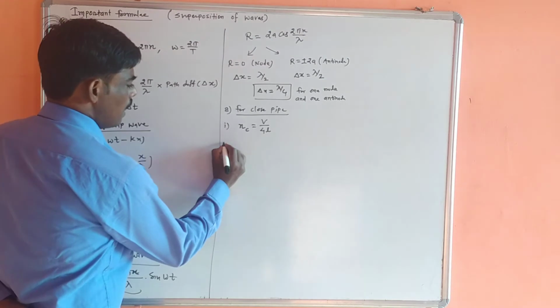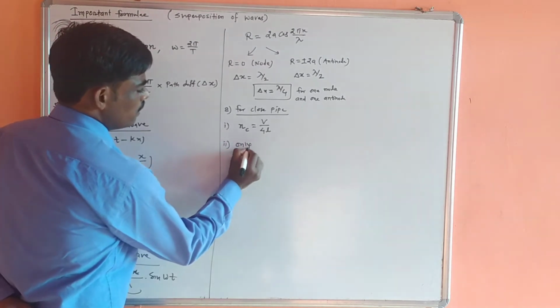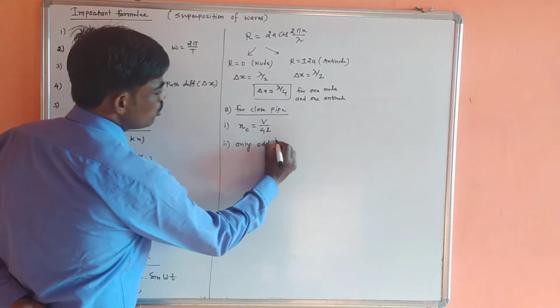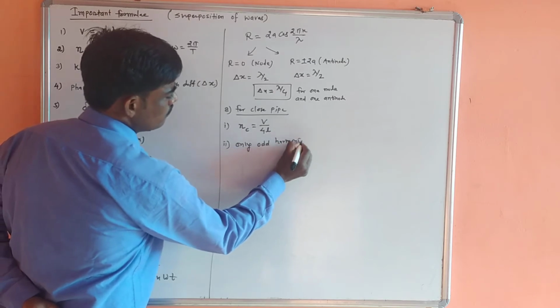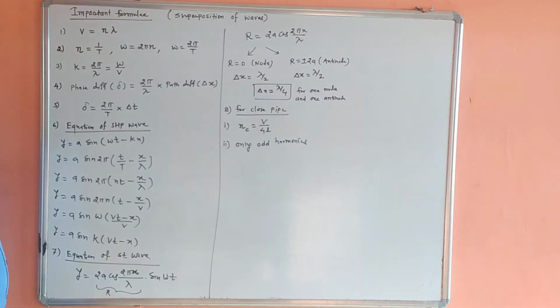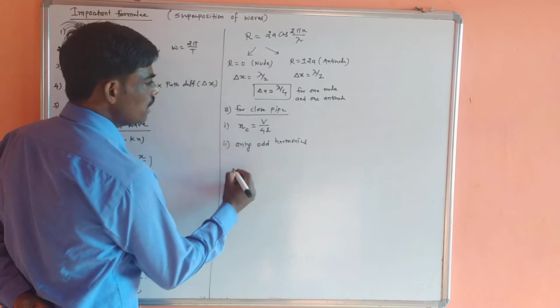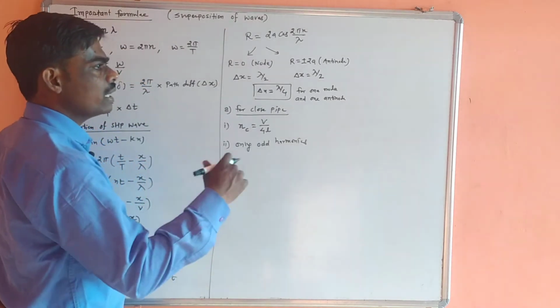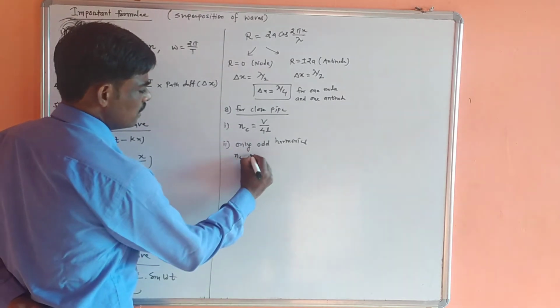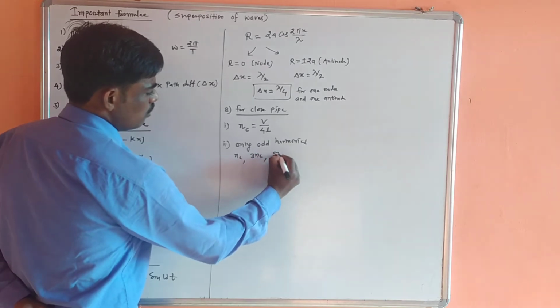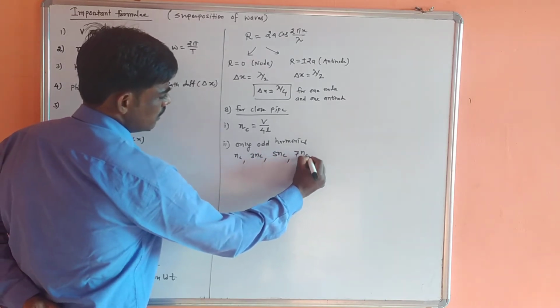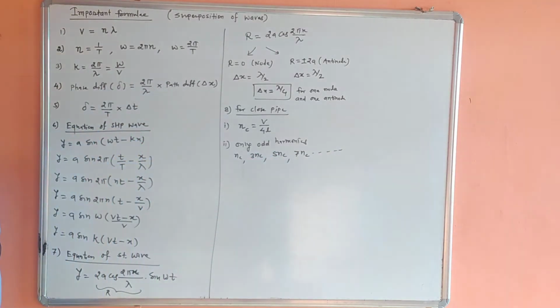Remember here, only odd harmonics are present in closed pipe. That means only odd integral multiples of fundamental frequency, nC, 3nC, 5nC, 7nC, and so on. Only odd harmonics are present in the vibration of closed pipe.